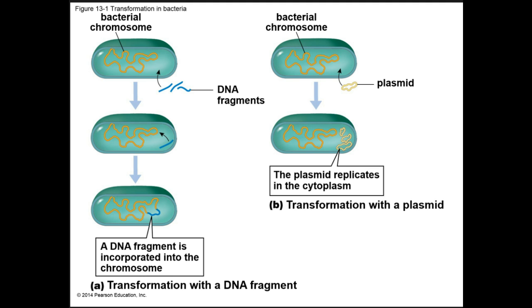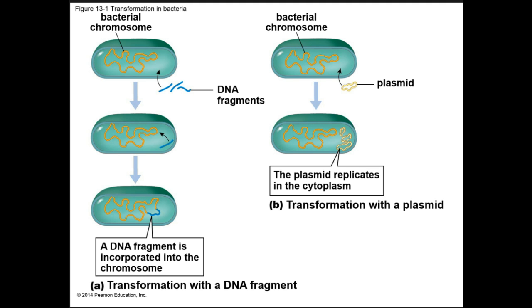Oftentimes when a recombinant DNA molecule is created, you have to have a source that will propagate it or carry it and make copies of the recombinant DNA molecule. So after the gene of interest is inserted into a plasmid, it can be placed into a host organism such as a bacteria in a process called transformation.